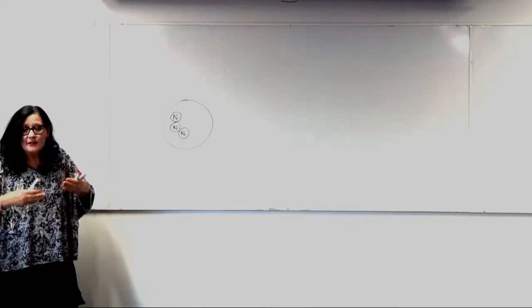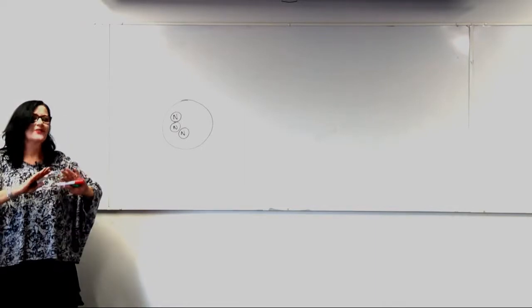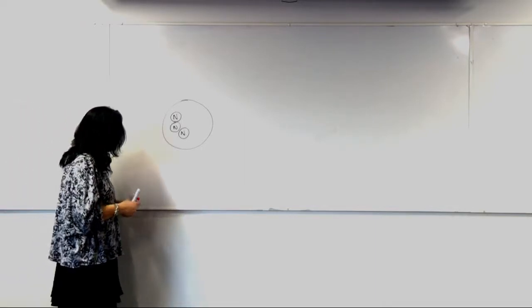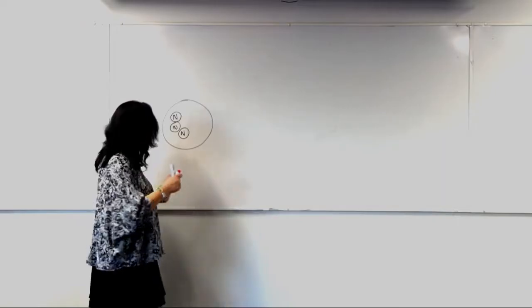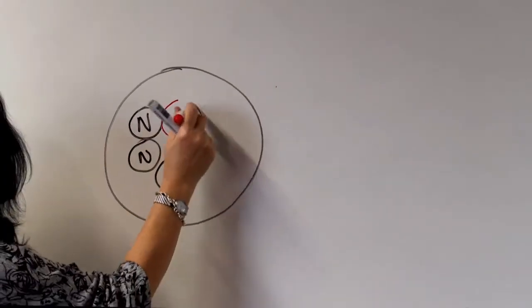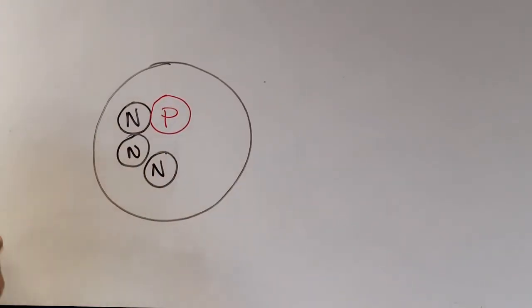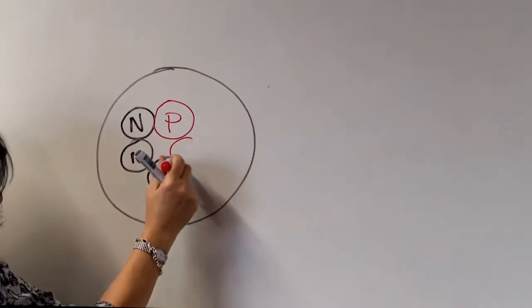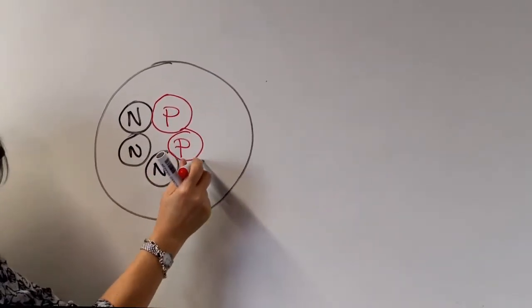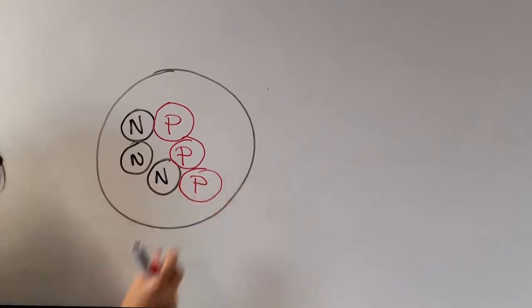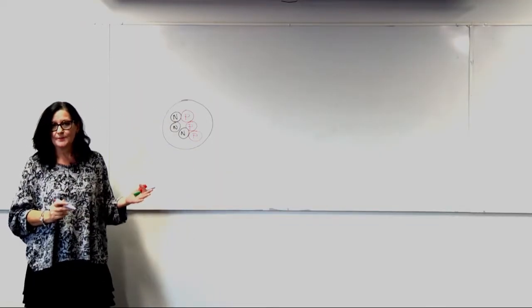In other words, they don't carry a positive or a negative charge, they're just neutral. Also inside the nucleus, we have positively charged protons, an equal number in a normal atom to match the neutrons.